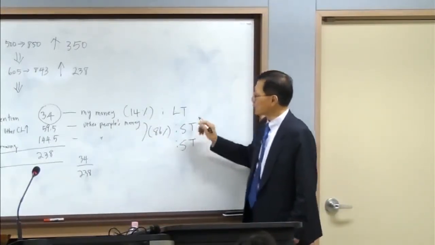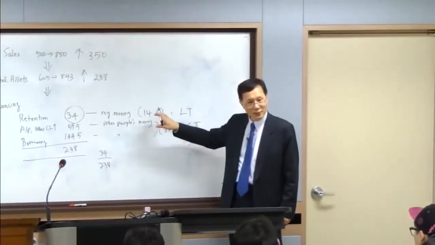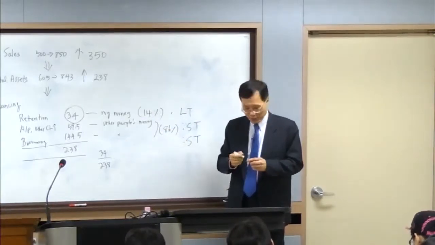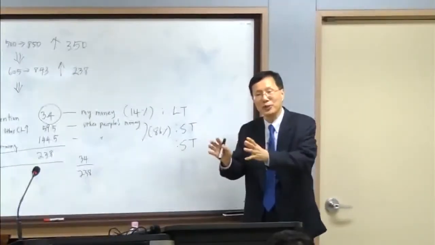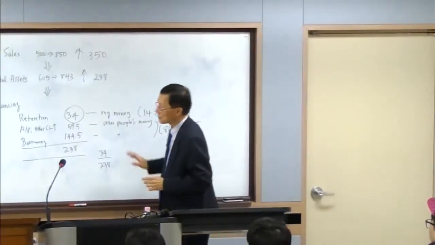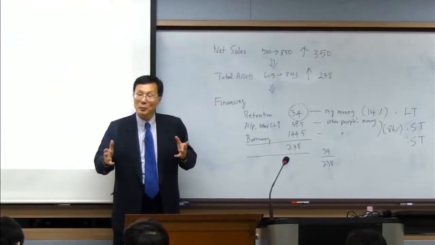So in terms of long-term versus short-term, it's, again, 14% versus 86%. So the company uses 7 times greater short-term money than long-term money. And obviously that's why this liquidity position has become worse.